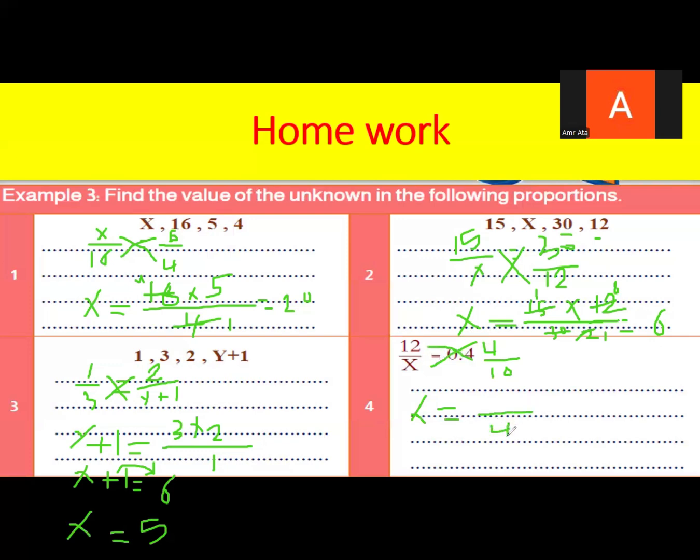I will put it in the denominator and the others in the numerator, 12 times 10. 12 divided by 4, so I will divide it by 4, 1. 12 divided by 4 equals 3. 3 times 10 equals 30. So x equals 30. Okay.